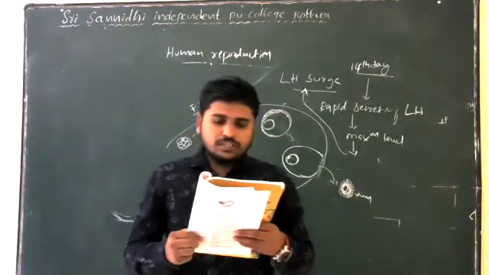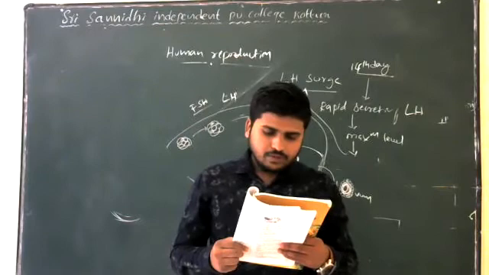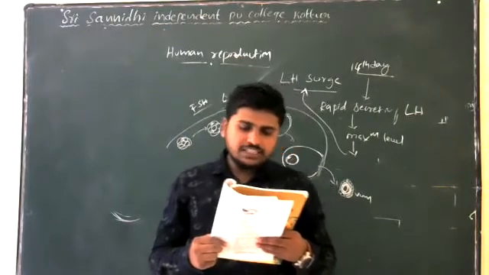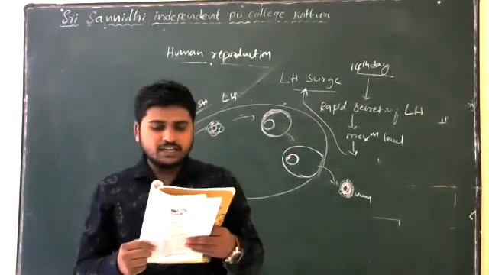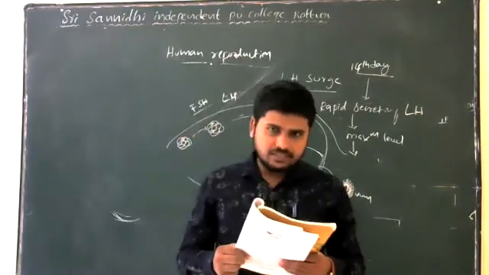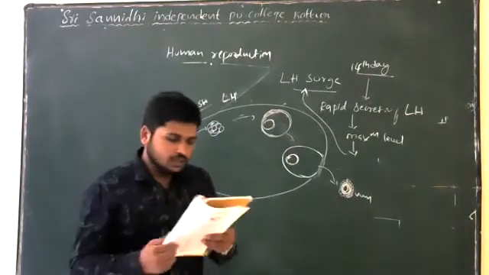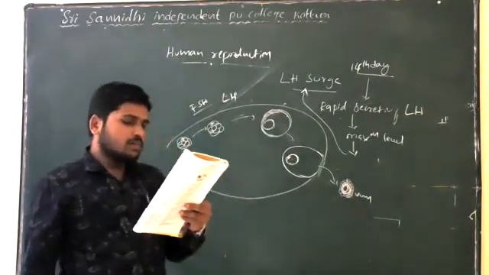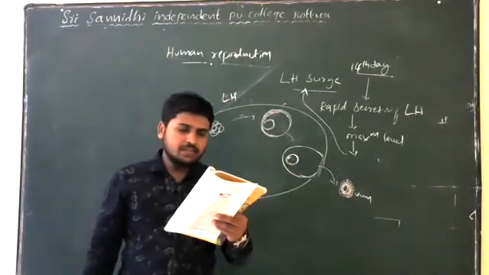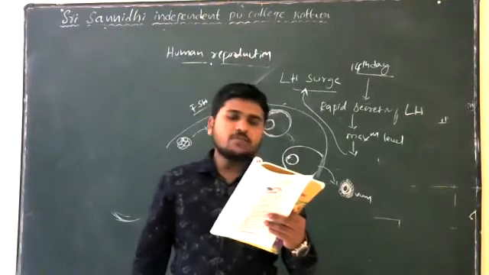So look at question number 10. Which of these is not an important component of initiation of parturition in humans? Which is not an important component. Synthesis of prostaglandins is very important during the parturition process. Release of oxytocin.